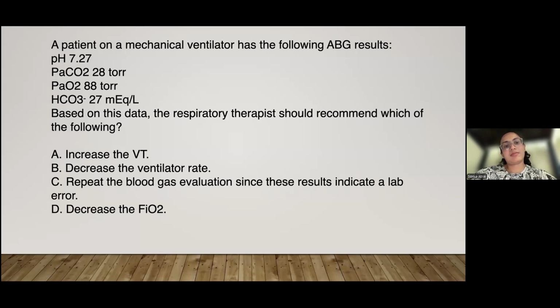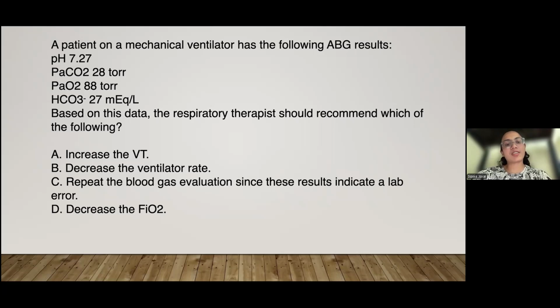So the increase in the tidal volume is not valid, and decrease in the ventilator rate is also not appropriate, I think. By looking at the PaO2, the normal range is 80 to 100 as mentioned, so I think it is to decrease the FiO2.